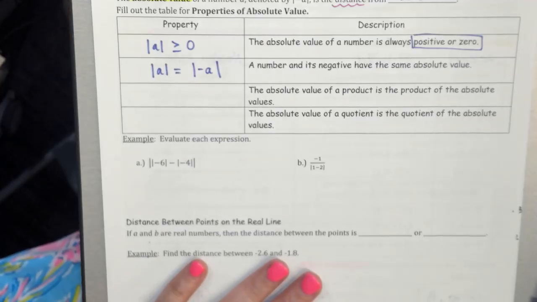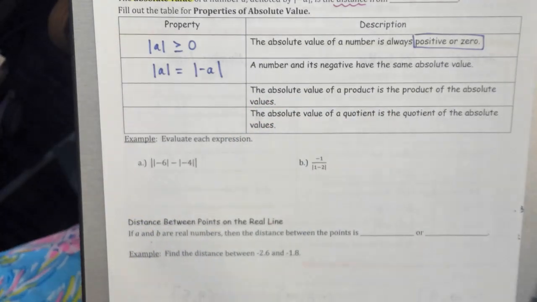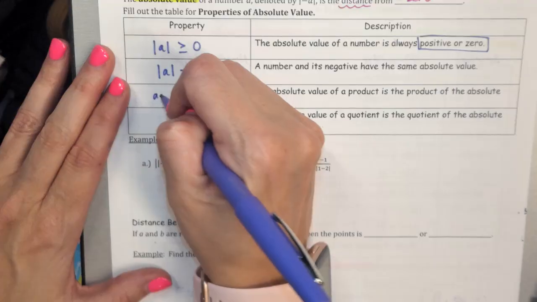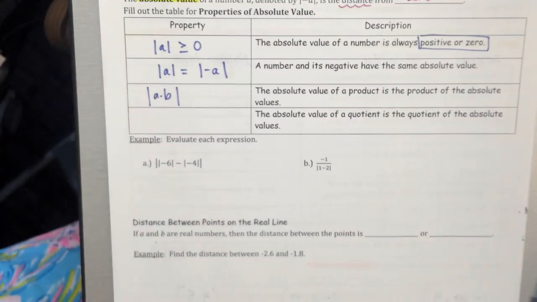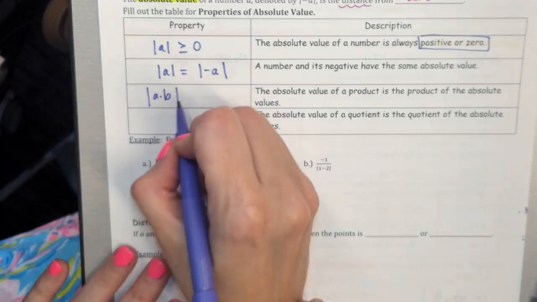Okay, let's try to work our way through these words. This says the absolute value of a product. So we can just use the values A times B as the product. And it says that is the product of the absolute value.